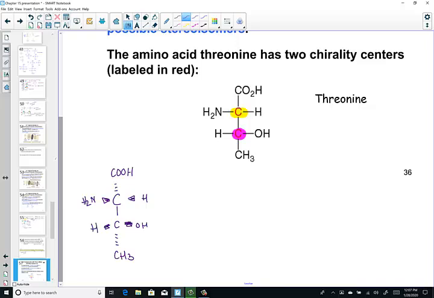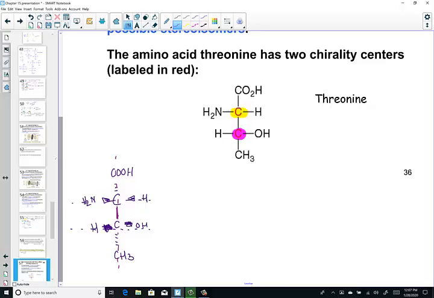So really all I did was remember that a Fischer projection says on the horizontal axes, those are always wedges. And on the vertical axes, those are always dashes. And notice the carbons are in the same plane.